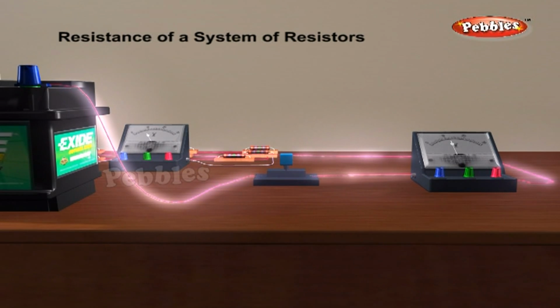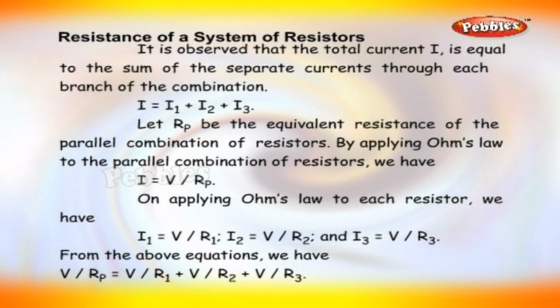What is the relationship between I1, I2 and I3? It is observed that the total current I is equal to the sum of the separate currents through each branch of the combination. I is equal to I1 plus I2 plus I3. Let Rp be the equivalent resistance of the parallel combination of resistors.